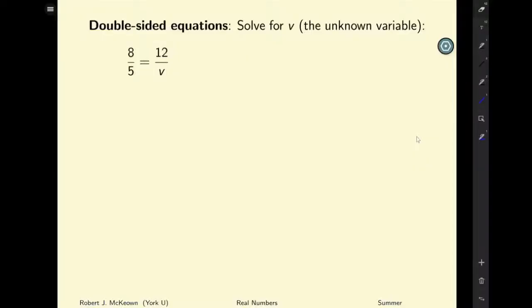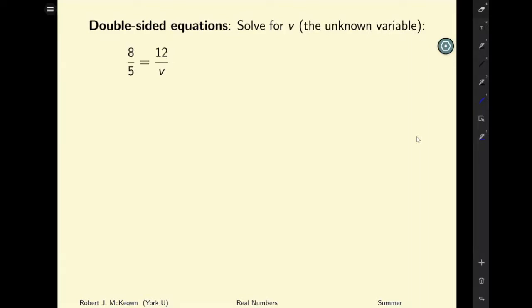I've reproduced the question here on my slides, and I'm going to take it very slow, and I want to illustrate to you an important property of a double-sided equation, which is that as long as we perform the same operation on both sides of the equation, we do not change the equality. So maybe I'll start off by multiplying both sides of the expression by v.